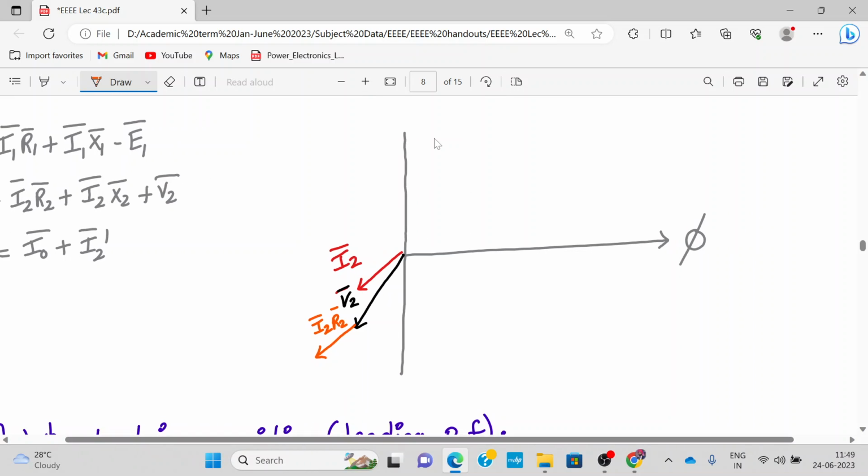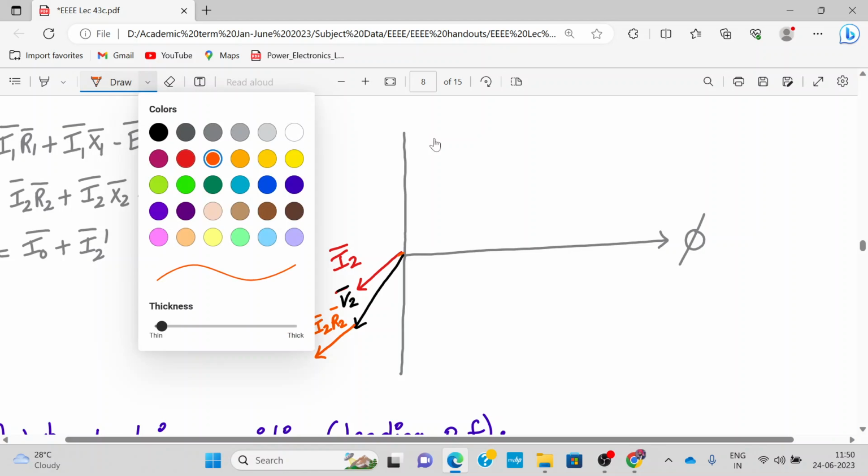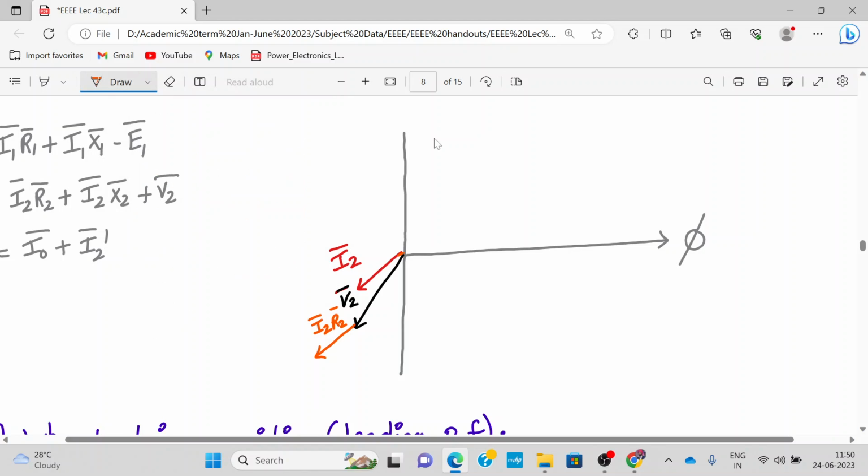This I have drawn in parallel to I2. Okay, I2 R2. And 90 degree from there, I have to draw what? 90 degree from here. Okay, so this is 90 degree. I have drawn over here what? I2 X2. As we have done last time, right?